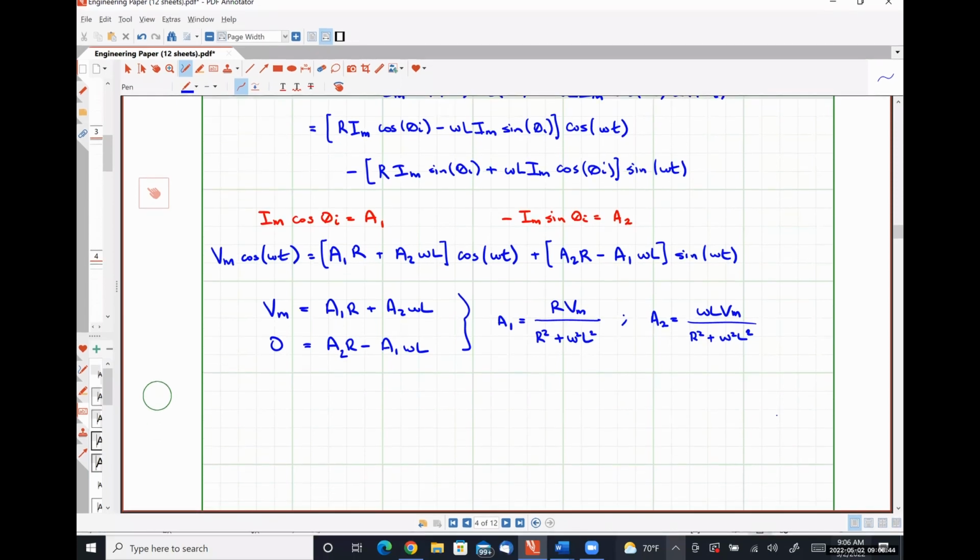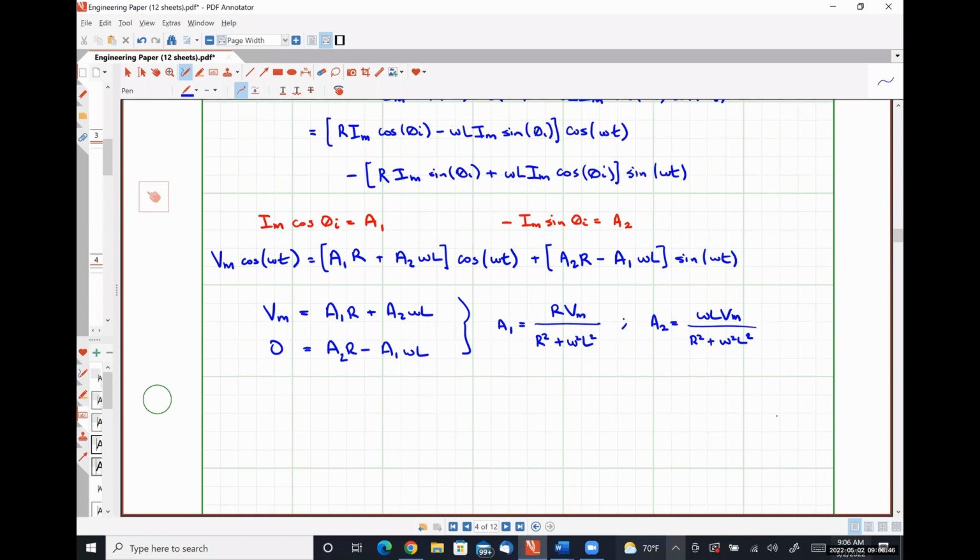So we know that Im cosine theta I is equal to R Vm over R squared plus omega squared L squared.